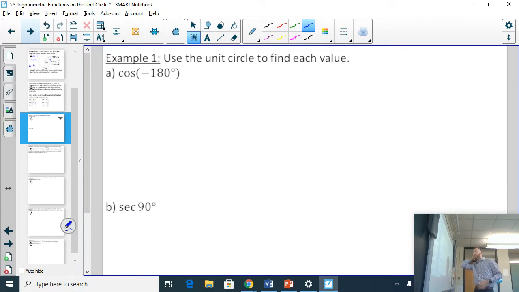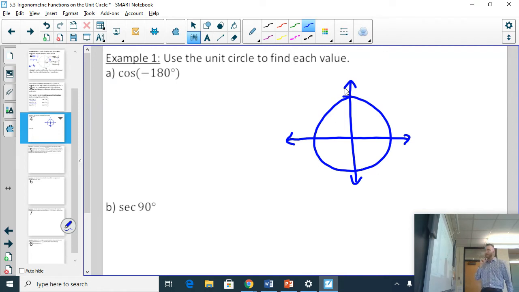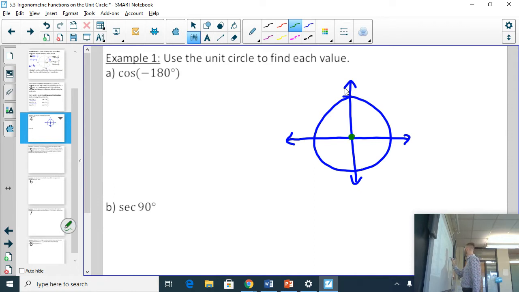Now, for example 1, it says use the unit circle to find each value. So I'm just going to do a quick sketch of our unit circle. Doesn't have to be perfect. We are taking an angle in standard position here, and we are rotating it out negative 180 degrees, and now we're going that way.